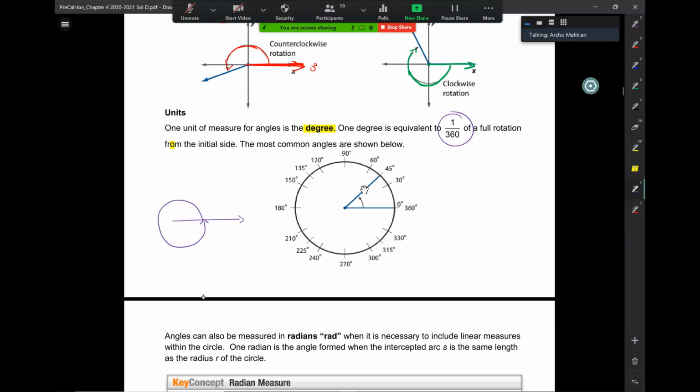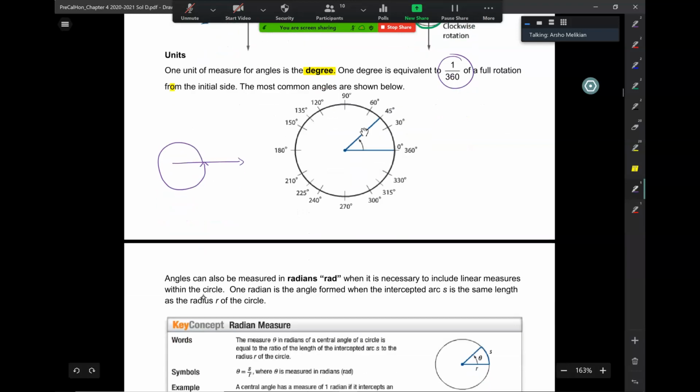So now imagine a pizza sliced into 360 slices. How thick is each of those slices? Minuscule. That is 1 degree. So conceptually, that's how 1 degree looks. It's a very, very tiny sliver, right? So that's what 1 degree is.